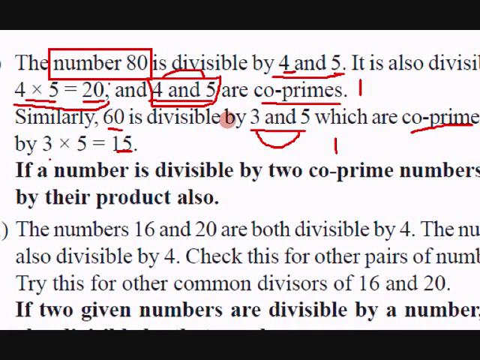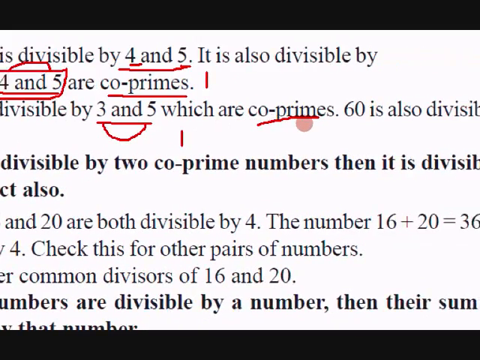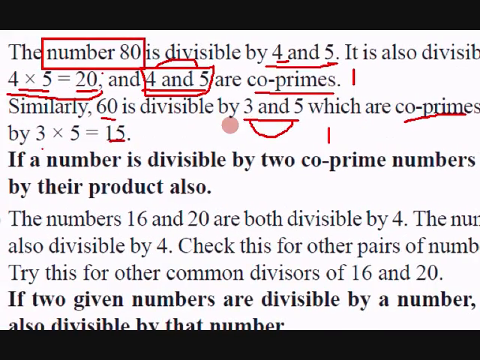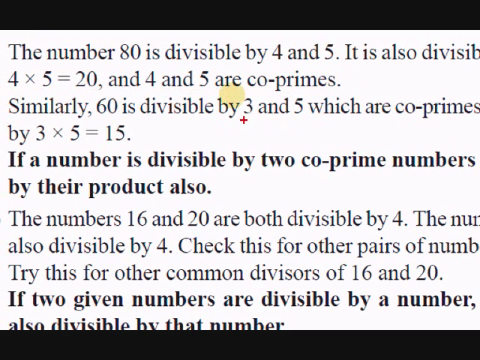So if a number is divisible by two co-prime numbers, then it is divisible by their product. You should remember this. If the number is divisible by the co-primes, then their product is also a divisor of that number.